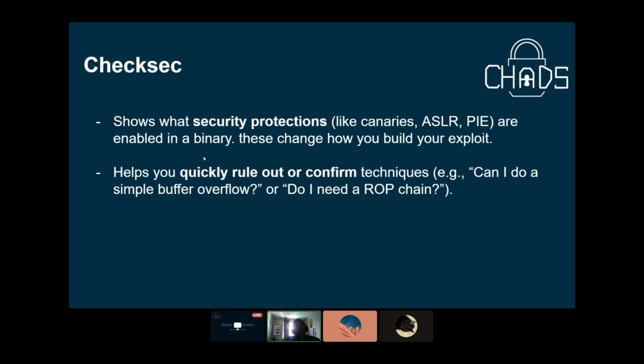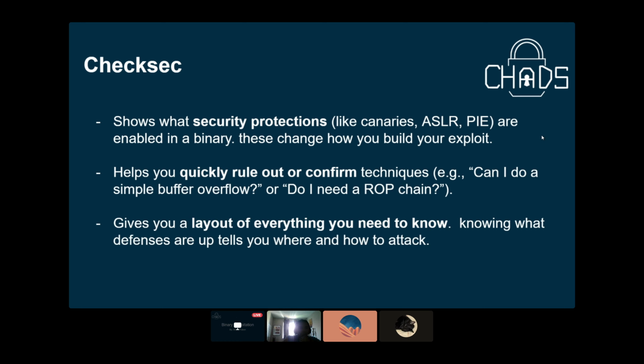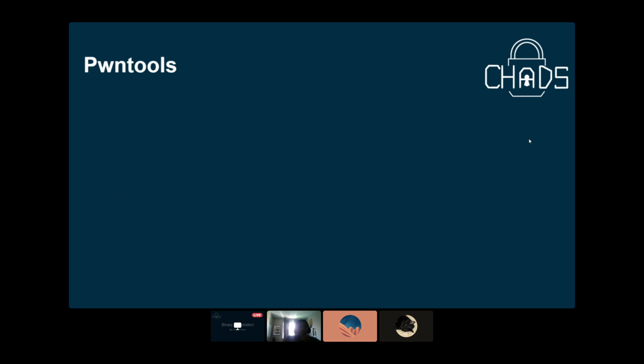The issue I find with binary exploitation is that it's kind of broad, with many things you have to do step by step. With checksec, you can figure out what you can or cannot do. It gives you a layout of everything you need to know, what defenses are up, and kind of tells you how to attack it.